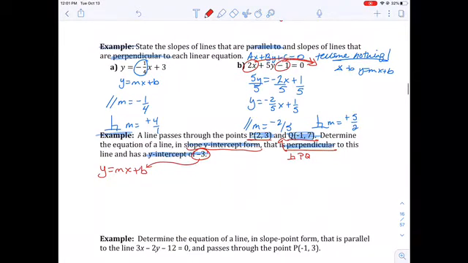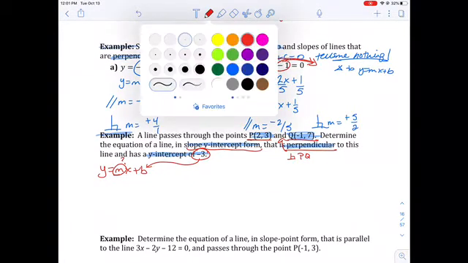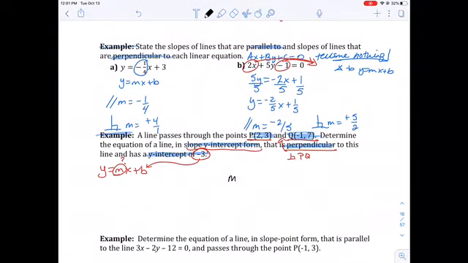But before I can find the appropriate slope, I need to find the slope of PQ, which we know we can find by doing 7 minus 3 over negative 1 minus 2, which is 4 over negative 3. Okay, and of course, this is the slope of PQ.